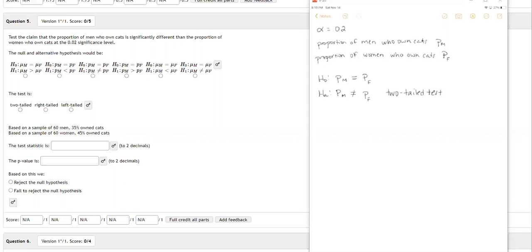Then it gives us some more information. At the bottom, based on a sample of 60 men, 35% own cats, and based on a sample of 60 women, 45% own cats.